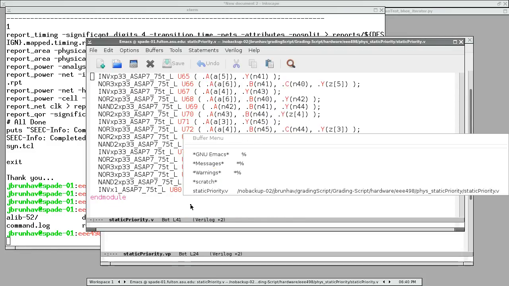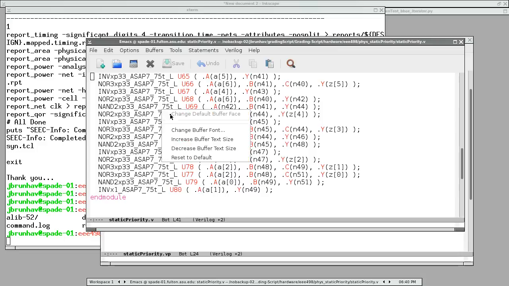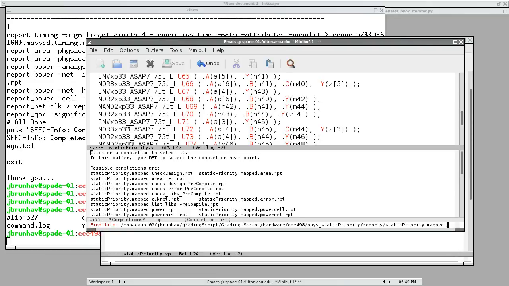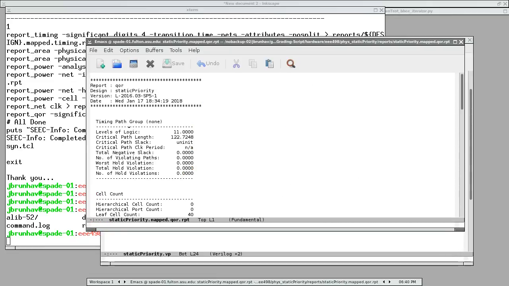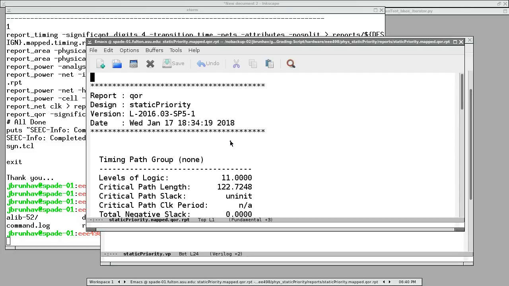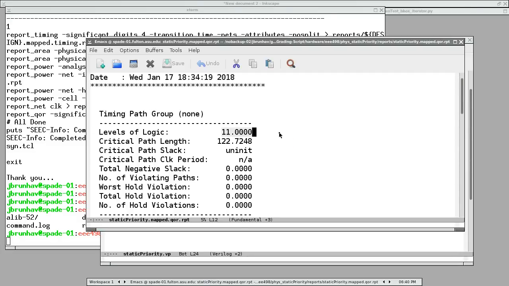We could also go look at its design cost. So reports, QOR.report. So we had 11 levels of logic. Does this make sense?